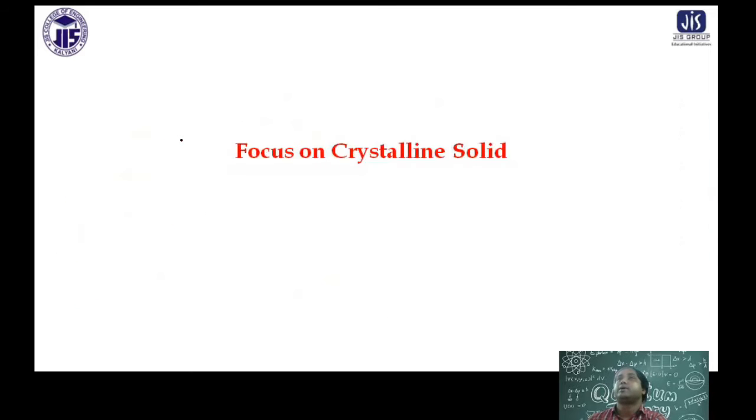Now let us focus particularly on some of the crystalline solids. Please see how it is made. First of all, suppose I choose a point here, that red ball.